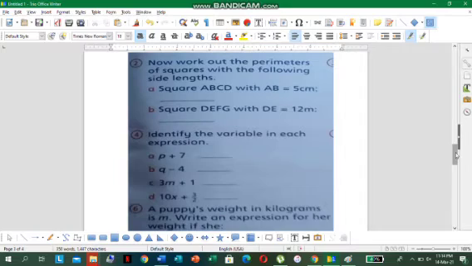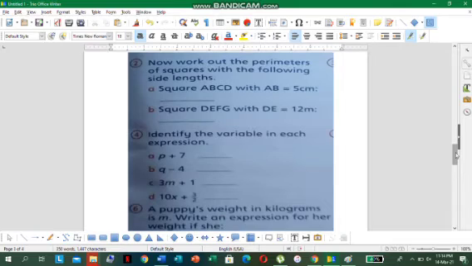We have square ABCD with AB equal to 5 centimeters. This math is very easy because we are dealing with squares.